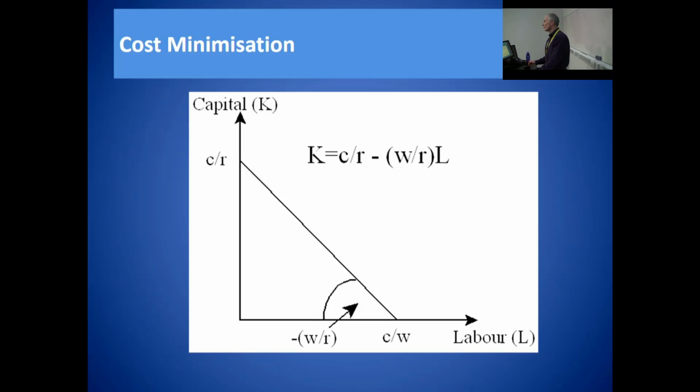So, for example, with a budget constraint, if the price of the good on the horizontal axis increased, what would happen to the budget constraint? It would pivot inwards. And that's exactly what would happen with the isocost curve.